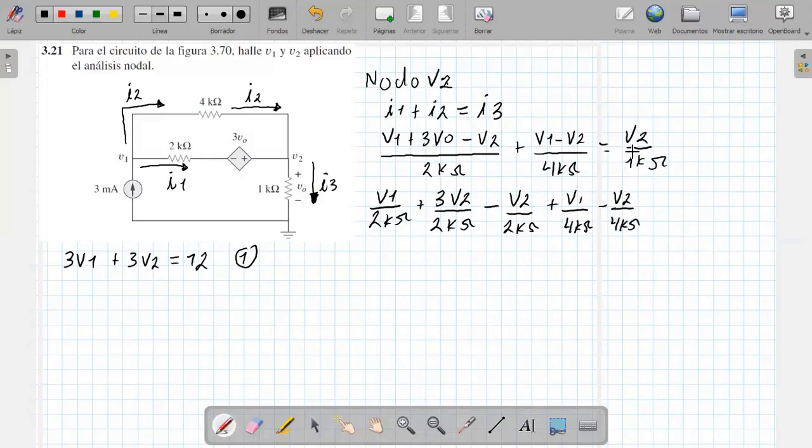And what is here goes to the other side with a negative sign. It would be minus V2 over 1 kiloohm equal to 0.